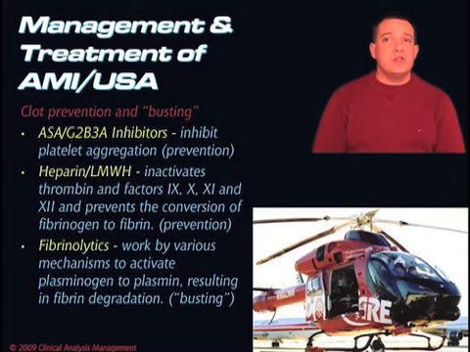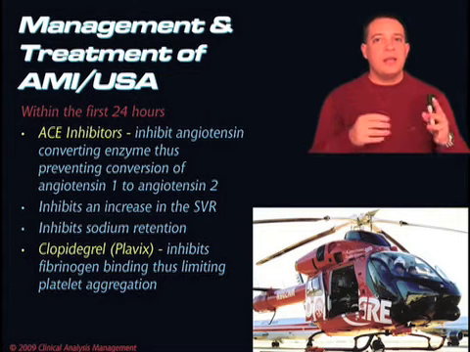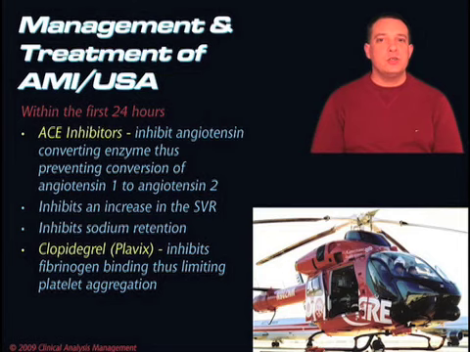Okay, in addition to our treatment with the clot busting stuff, there's some other things that need to be done in the first 24 hours. One of the other things that's very important in the first 24 hours is that any patient who doesn't have a contraindication needs to be put on an ACE inhibitor. Remember, the ACE inhibitors inhibit angiotensin converting enzyme from allowing angiotensin 1 to become angiotensin 2.